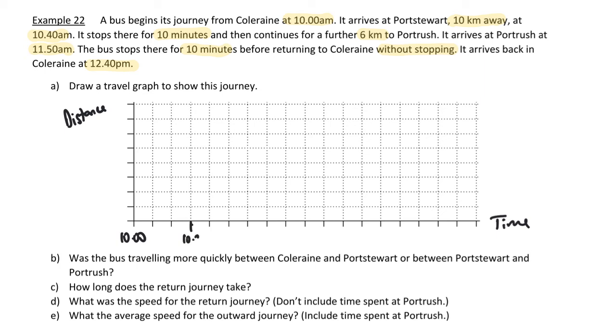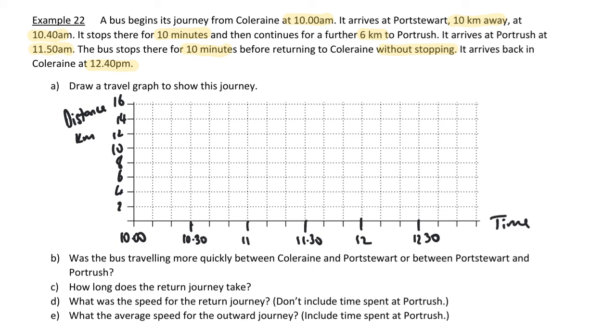So then we'll have 10:30, 11, 11:30, 12 and 12:30. On the y-axis, if we take each small square as 2 kilometres, we've got enough space. And the distance is in kilometres.